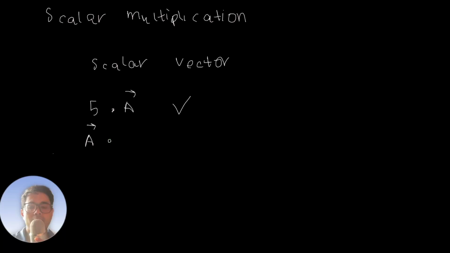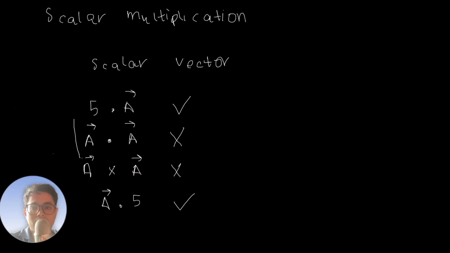Vector A times vector A, this is not a scalar multiplication. Vector A cross vector A, this is not a scalar multiplication. Vector A times a scalar is a scalar multiplication.